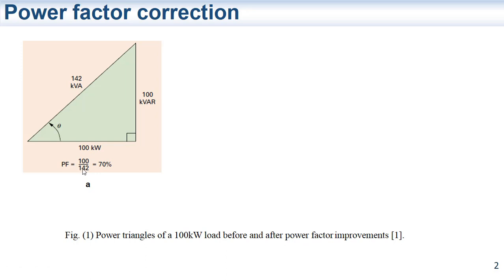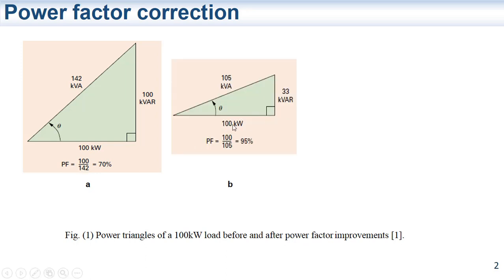Now, for a certain reason, if that load starts consuming less reactive power, so it's 33 kilovar instead of 100, the apparent power will be reduced as well. In this case, the power factor, which is the ratio of the active power to the apparent power, will increase. So we start with a power factor of 0.7 or 70%. We end up with 0.95 or 95%.